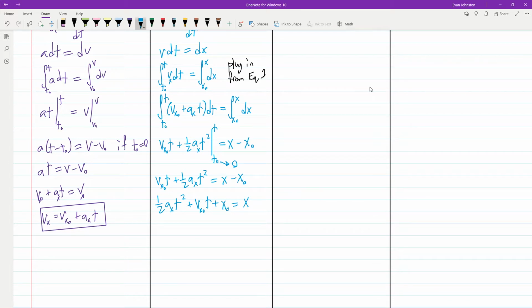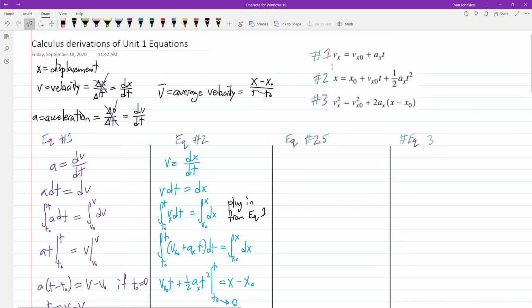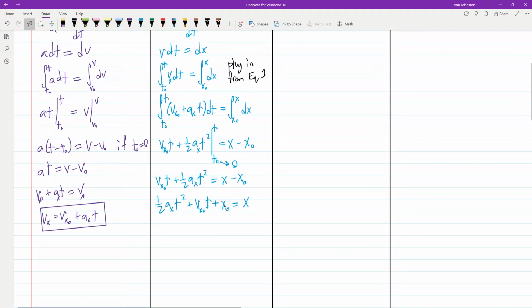And now, of course, my sides are flipped compared to our AP equation, but we still see that the final x value is equal to the initial plus Vx naught t plus 1/2 at squared. This is the same thing. If you wanted to go nuts, you could subtract this over to the left side, and you could subtract all these to the right side, and you could cancel all the negatives, and you end up getting x is x naught plus Vx naught t plus 1/2 a in the x direction times t squared.